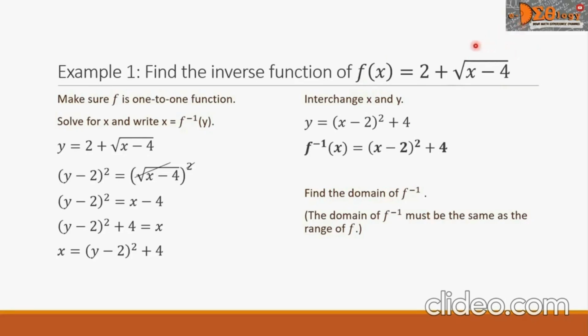So if the radical is 0, the value of f of x will start from 2, and it will increase as the radical increases. So the range of this function starts with 2 and goes to positive infinity. So the domain of the f inverse is equal to 2 and positive infinity. Of course, we use the square bracket for the 2 and parentheses for the infinity.